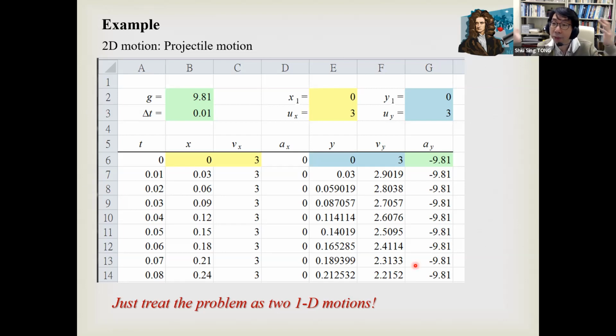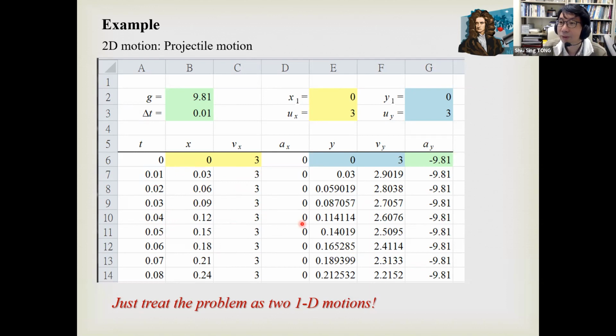Now, how about if you want to plot a graph? This solution gives you, at different times t, the position x and y of the object, and also the velocity vx and vy of the object, right? Now, how about if you are not interested in the time t, you simply want the trajectory? You want to know the path that the projectile follows in space.